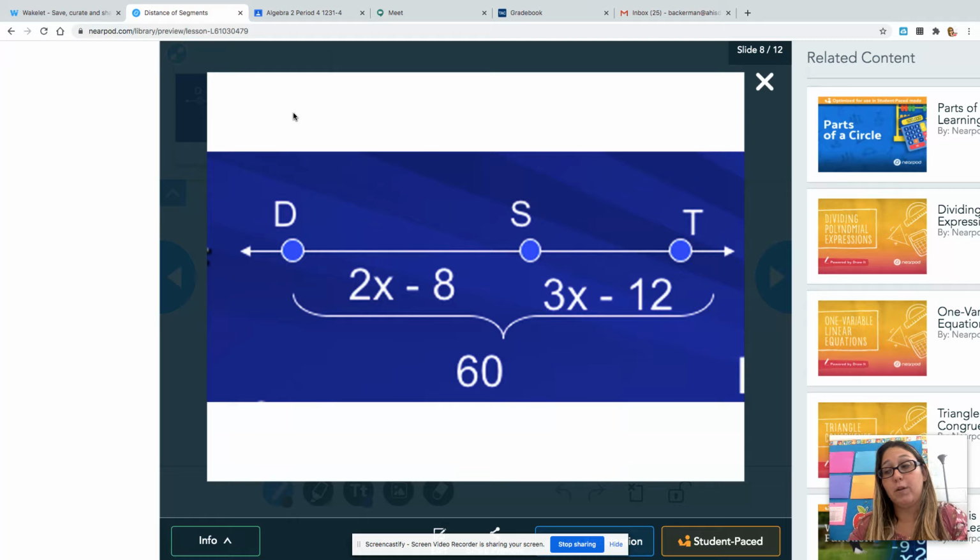Those two equal the 60. So if you were to write this down right now, you would write 2x minus 8 plus 3x minus 12 equals 60. And then now you can start combining like terms and solving, okay?